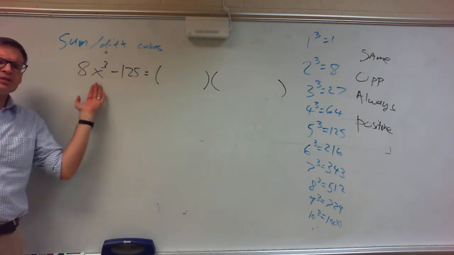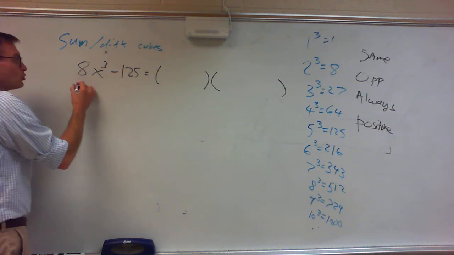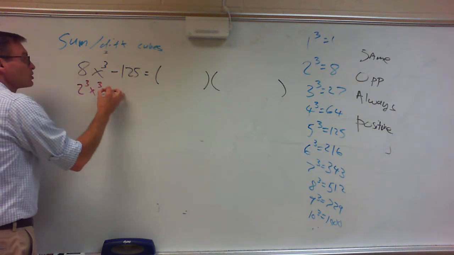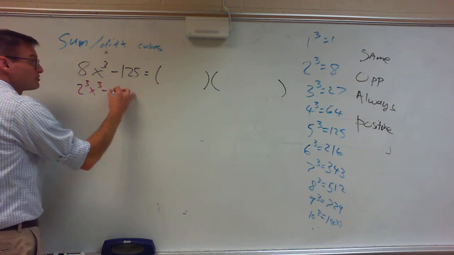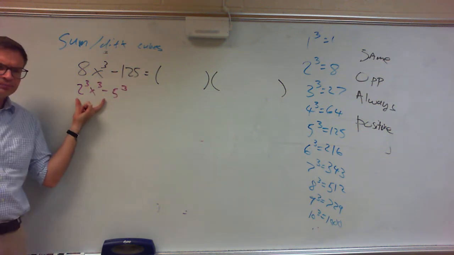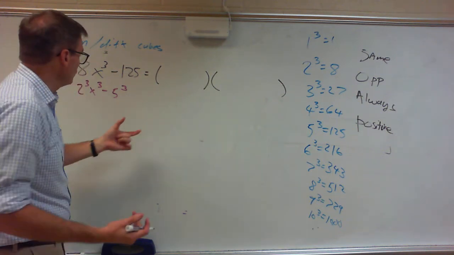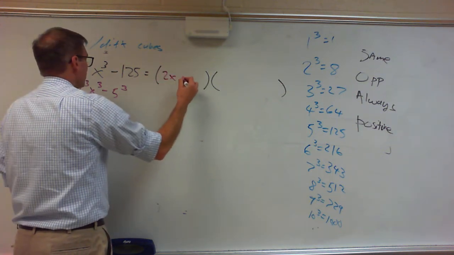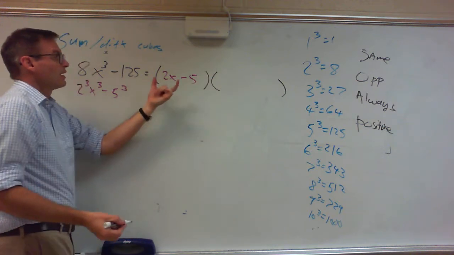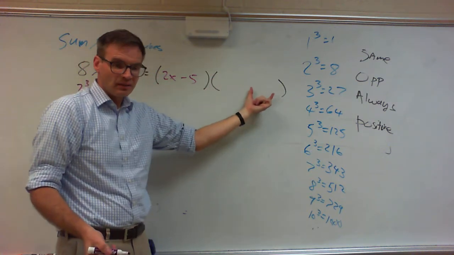What you want to do with this is rewrite it with cubes. Think of that 8 as 2 cubed, that's x cubed, and think of that 125 as 5 cubed. Then if we drop our cubes, it's going to give us 2x minus 5.